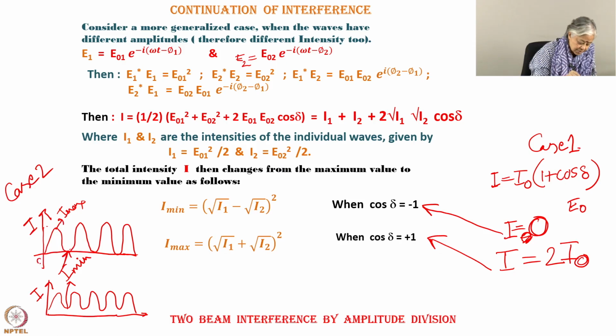So the I minimum is equal to 0, and the I maximum relates to 2I0. So maximum and minimum.